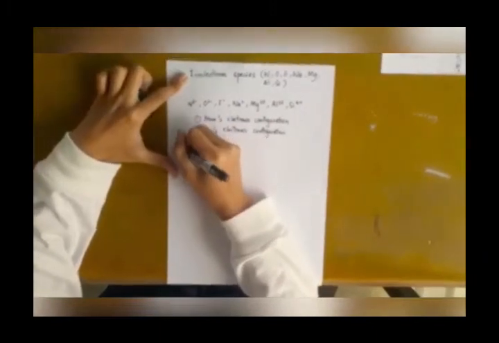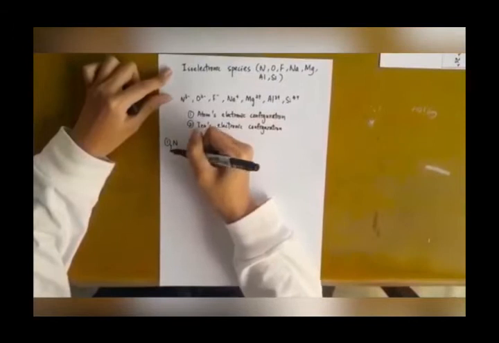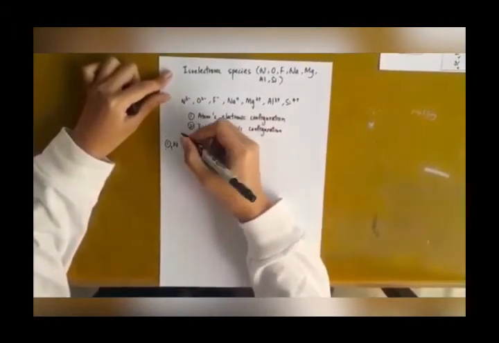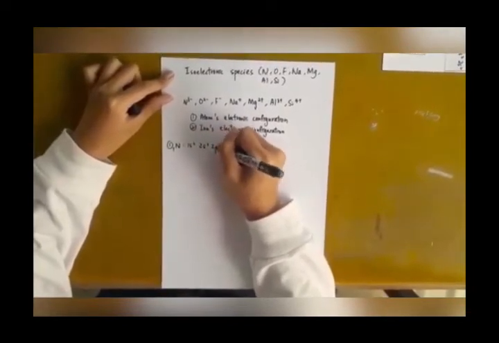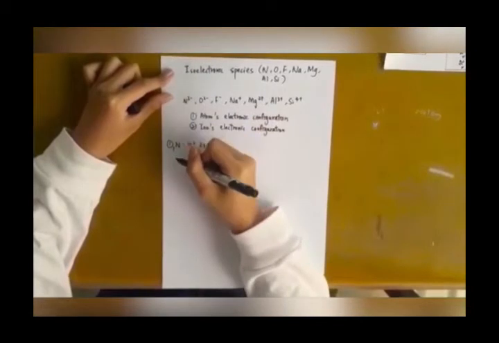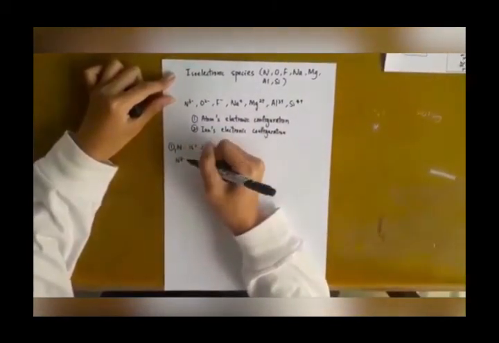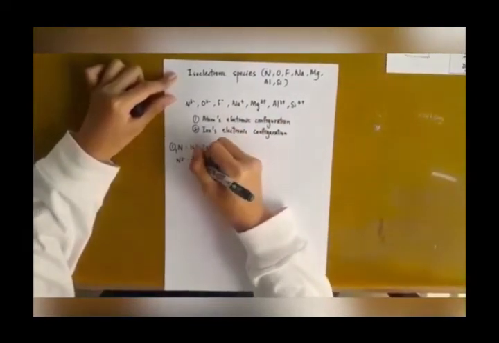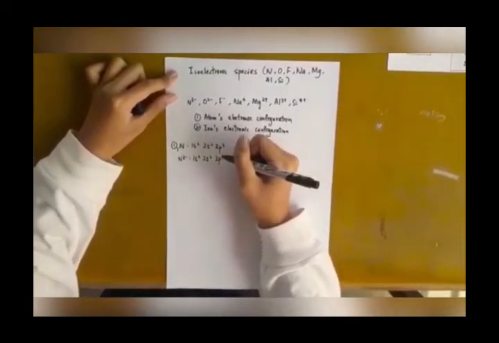First one is nitrogen. So nitrogen has 7 proton numbers. So the electronic configuration of nitrogen is 1s2, 2s2, 2p3. So when it becomes an ion, the electronic configuration of nitrogen 3 negative is 1s2, 2s2, 2p6.